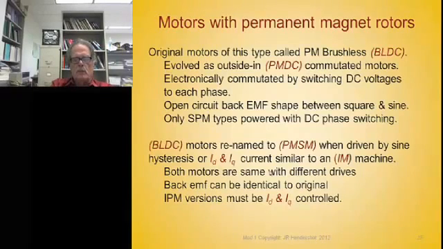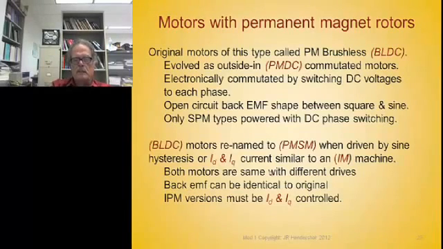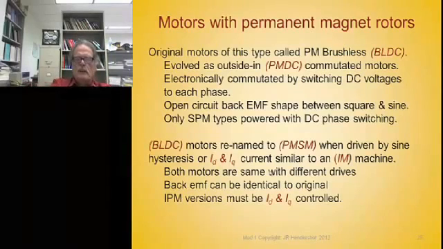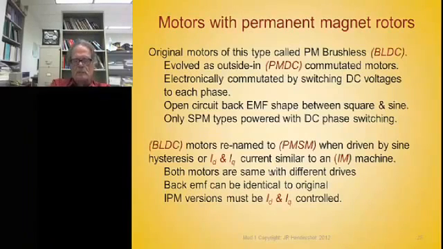And so when someone got the bright idea to reverse those motors, put the magnets on the rotor and put the windings on the stator, because they didn't have brushes anymore, they called them brushless. And because they were powered by switching DC, just like the commutated motor was, the commutators did the DC switching, but in the brushless they used transistors to do the switching. That's why it was called a brushless DC motor.